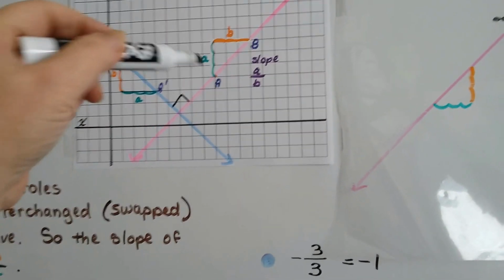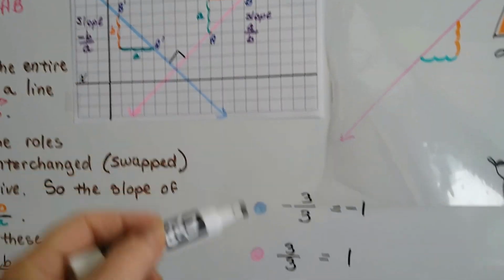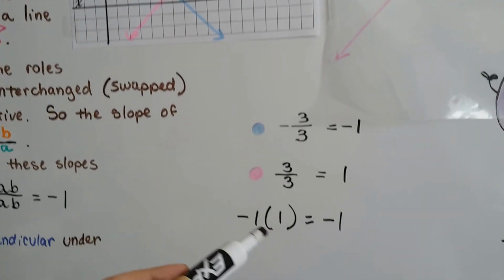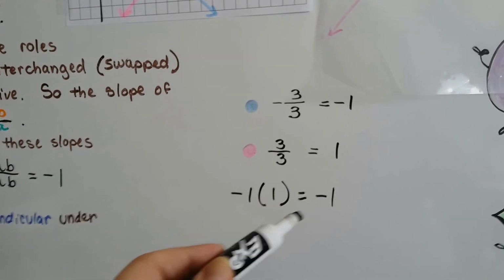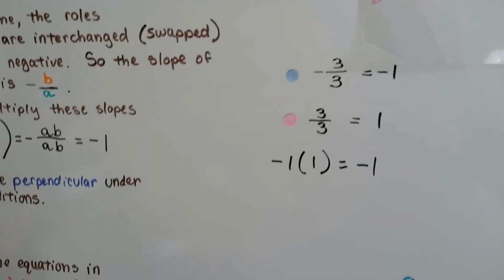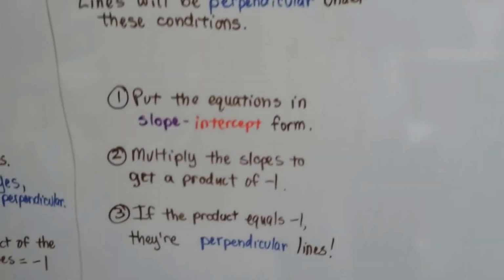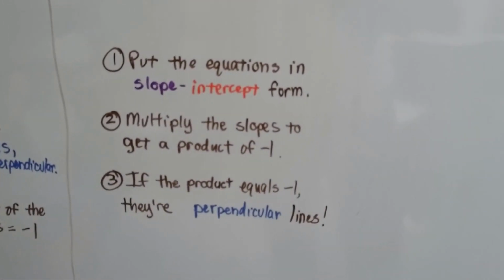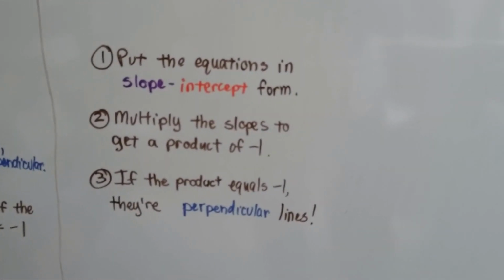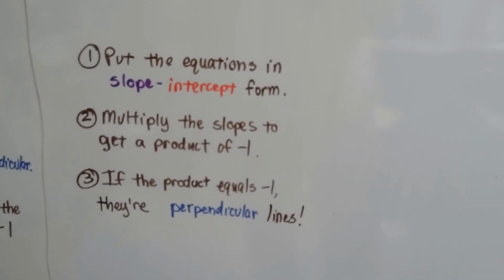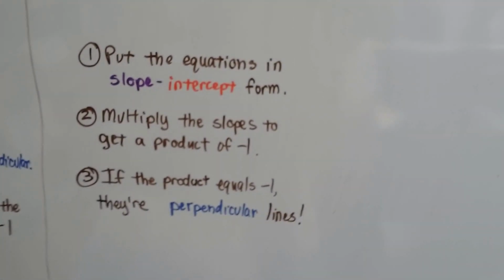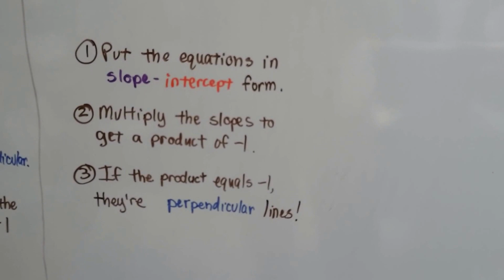We've got a rise of a positive 3 and a run of a 3. And that's a 1. When we multiply the negative 1 times the 1, we get a negative 1. So what we do is we put the equations in slope-intercept form. We multiply the slopes to get a product of a negative 1. If the product equals negative 1, then we know the lines are perpendicular.